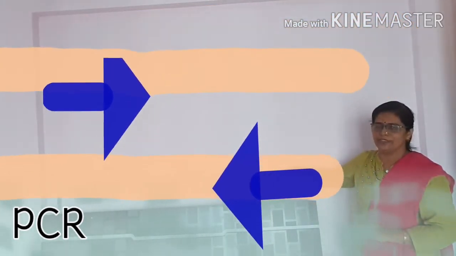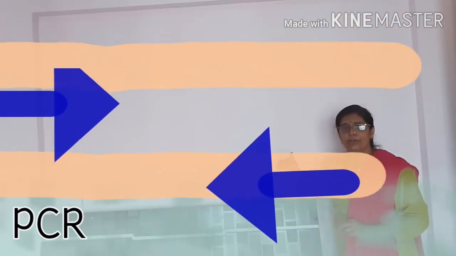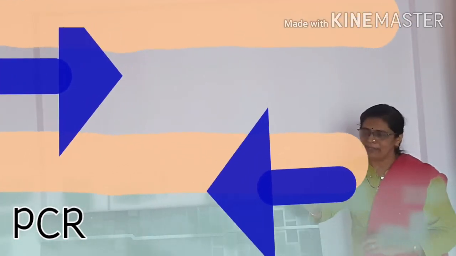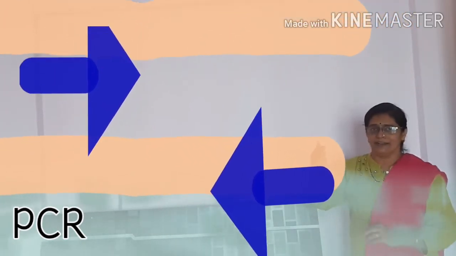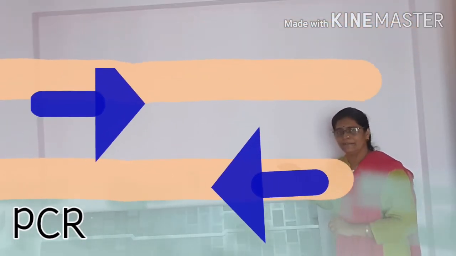That is, if a nucleotide with adenine is present, the complementary nucleotide is the nucleotide with thymine, and it is attracted.